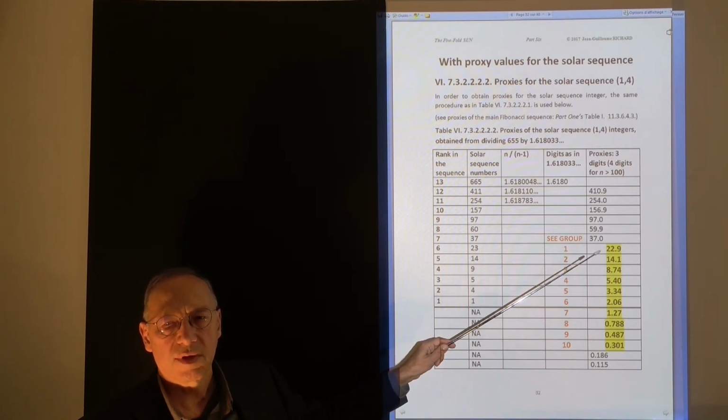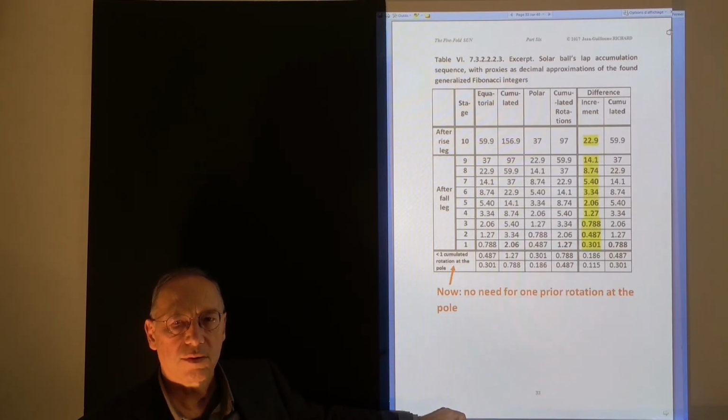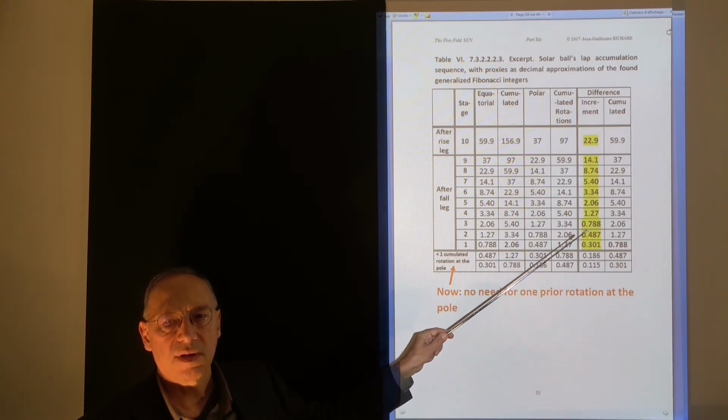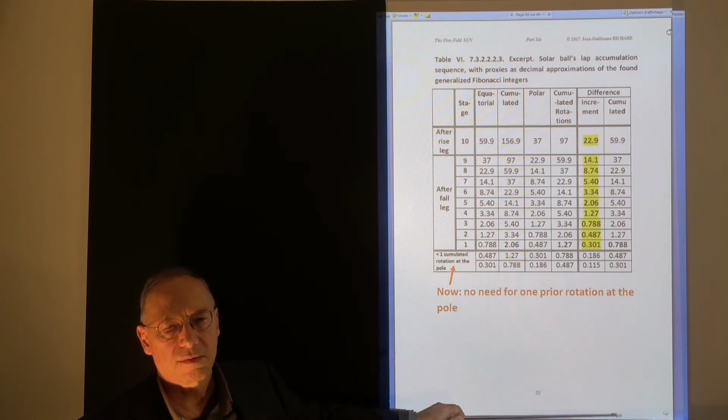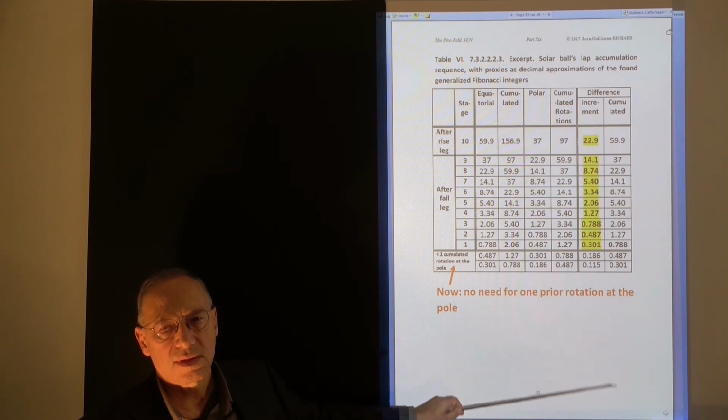Now these decimal numbers, 22.9 to 0.301. So when we use these numbers in replacing in the preceding table, we do not have the discrepancy of having 3 before 1. It is in the correct increasing sequence.